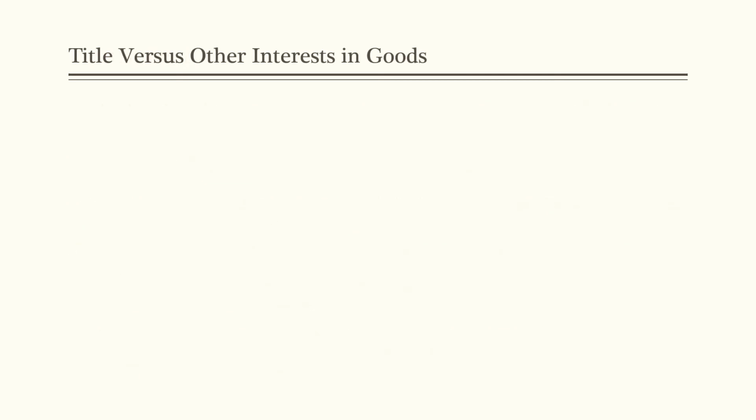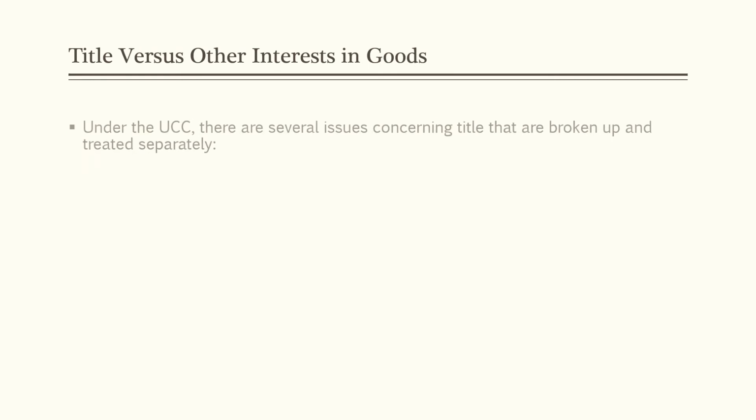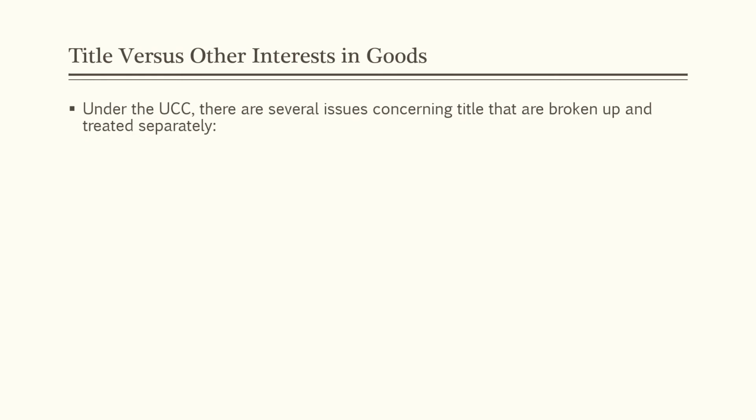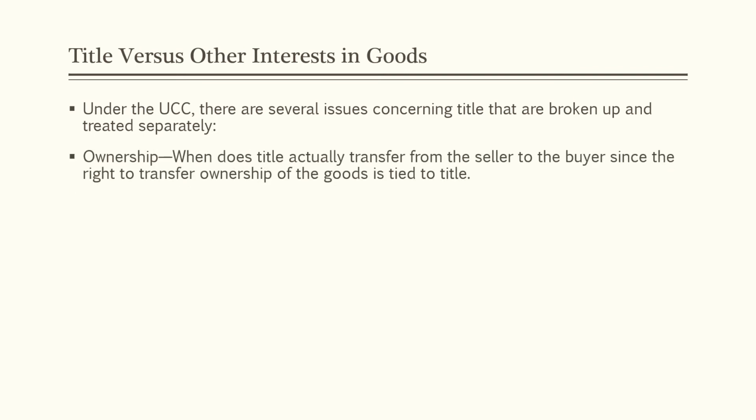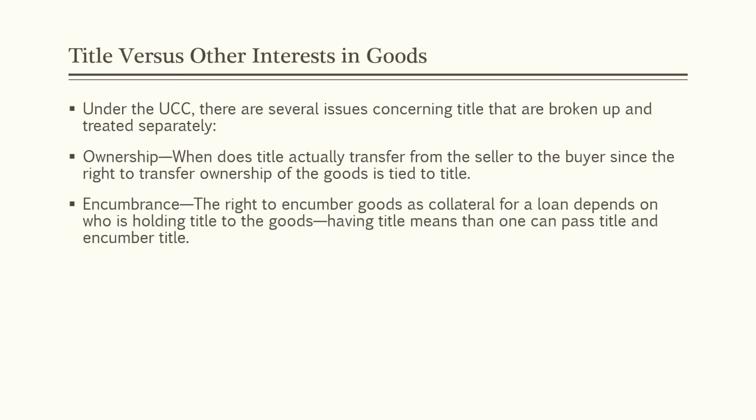Next, we'll discuss title versus other interests in goods. Under the UCC, there are several issues concerning title that are broken up and treated separately. There's ownership. We have to ask, when does title actually transfer from the seller to the buyer, since the right to transfer ownership of the goods is tied to title? Then there is encumbrance.